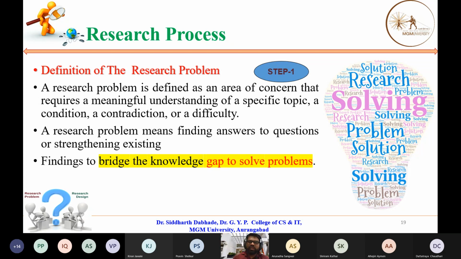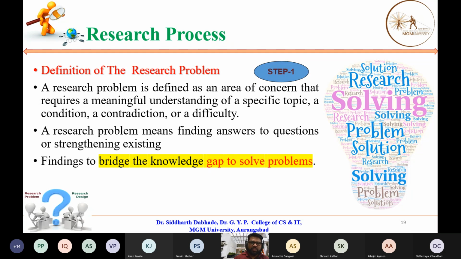When you are able to find out the exact gap in the existing problem, that is nothing but your research. And you need to give the solution to overcome such a gap, or to fill this gap, by giving a certain solution.